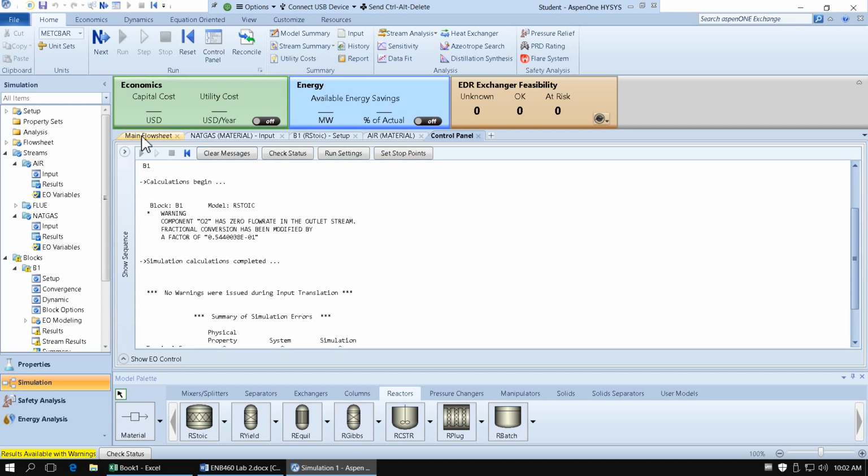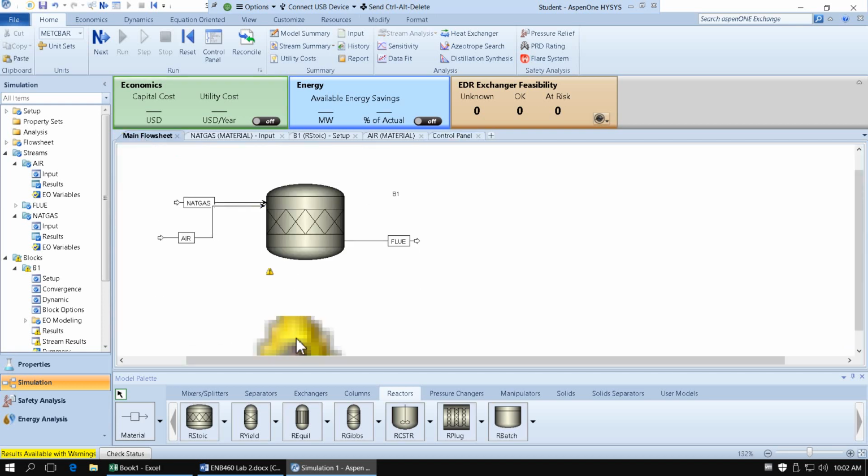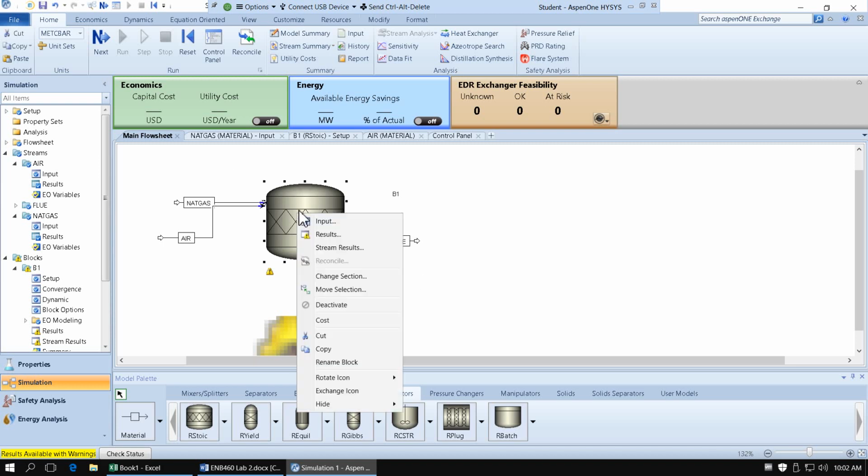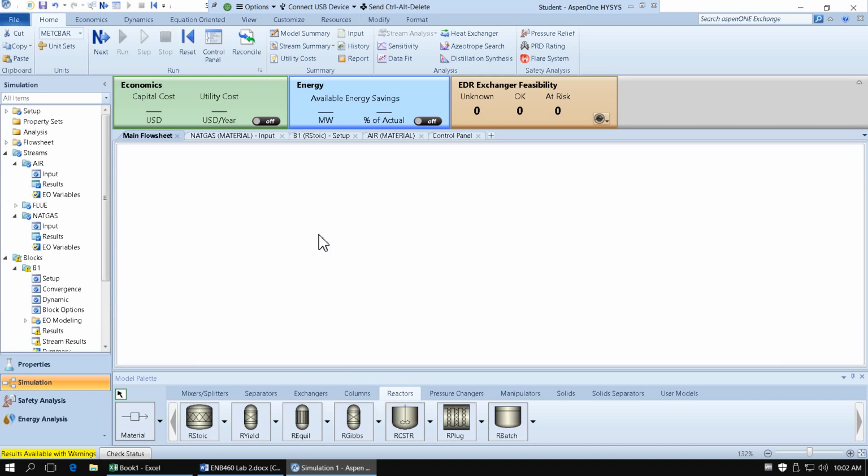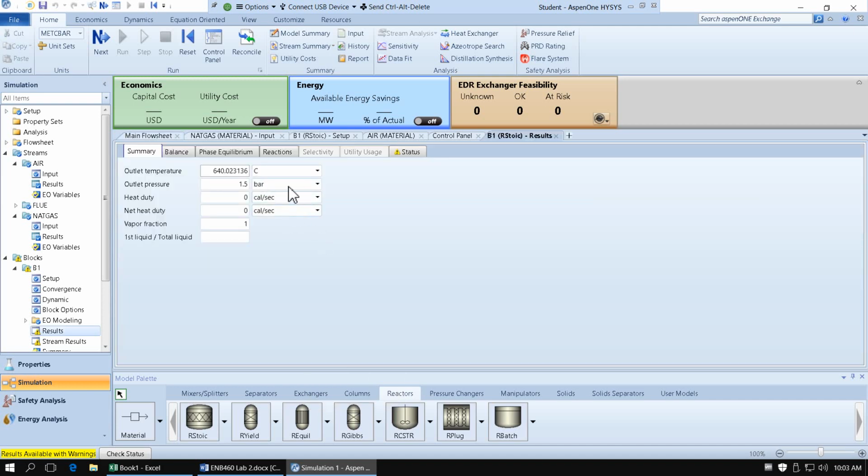When we look at the results here, there's that warning icon, and there's also another warning there. Then we can look at the results of the reactor. We have outlet temperature, outlet pressure, and heat duty 0 as we specified.